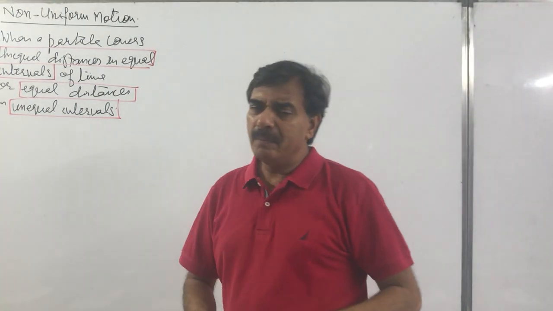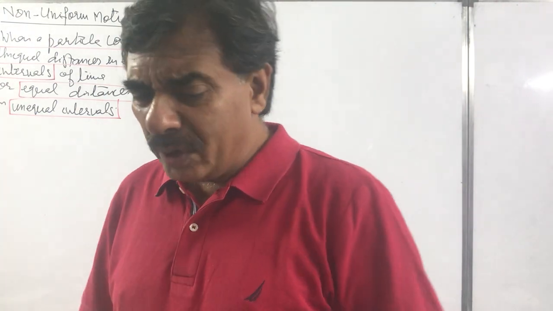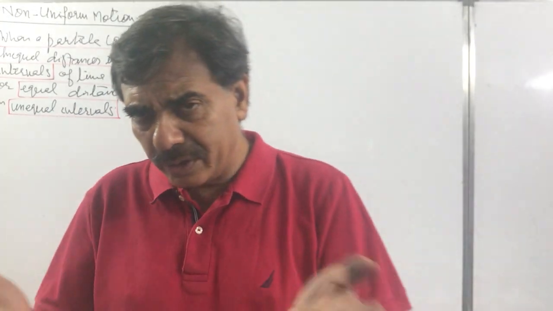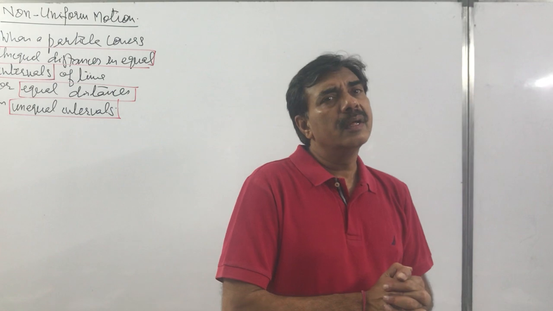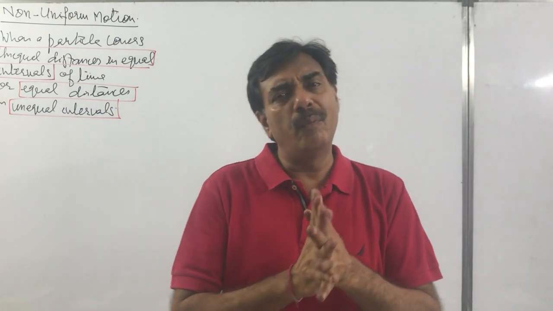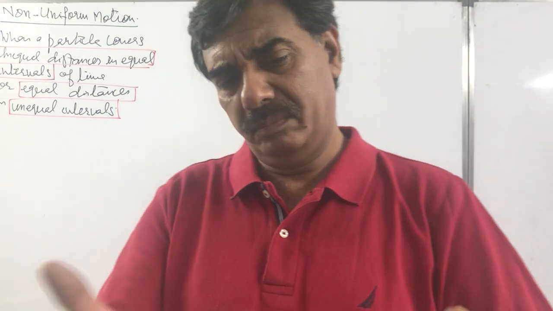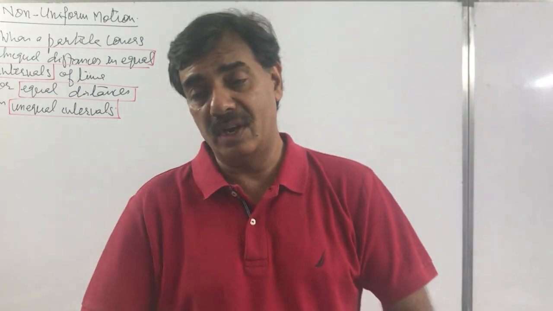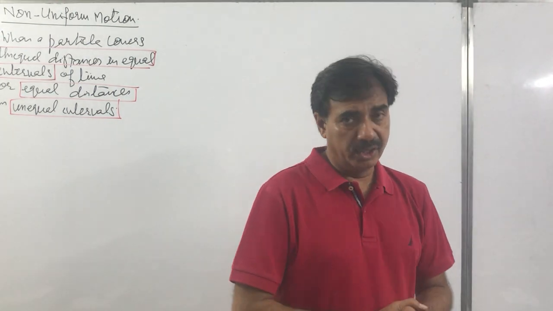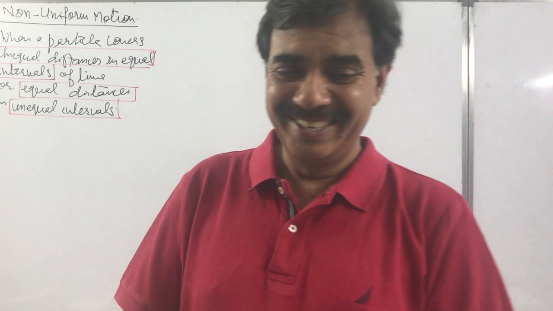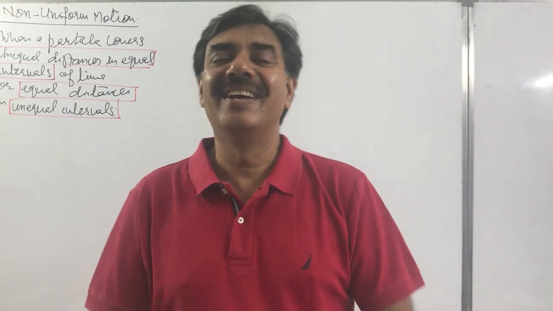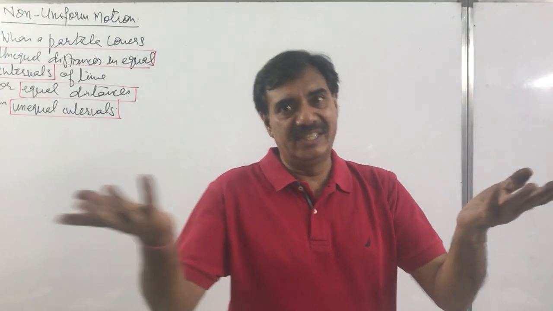So for non-uniform motion, what do you think, children? When you are moving from one place to another, the most obvious place we drive to is Chandigarh or Delhi, you know, I go to the hills.